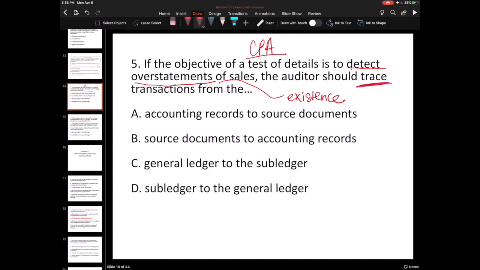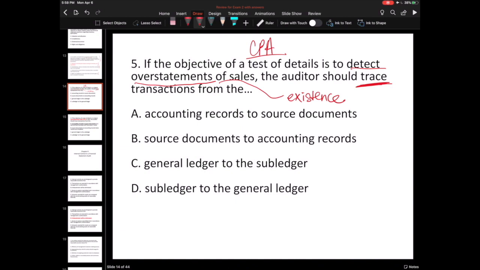of the word trace is misleading here, because we talked about how typically you vouch something in tests of existence and you trace things in tests of completeness, right? And we talked about the definitions of vouch and trace, and I told you it's highly reliable. If you see vouch in a question, you can usually count on the question to be about existence. If you see trace in a question, you can usually count on the question to be about completeness.